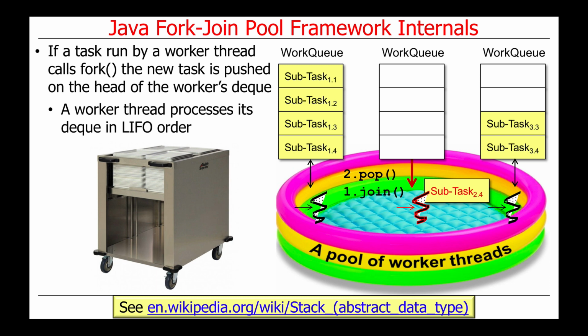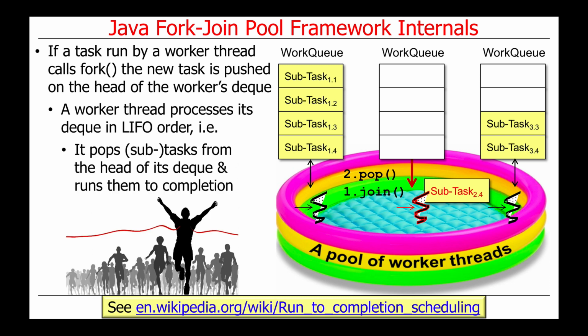The worker thread, when it comes up for air, will process the elements in its deque in LIFO order, which is last in, first out. And what that means is it pops the subtask off the head of its deque and then runs it to completion. The only way it would ever stop running would be if it blocked on a synchronizer or I/O for some reason.